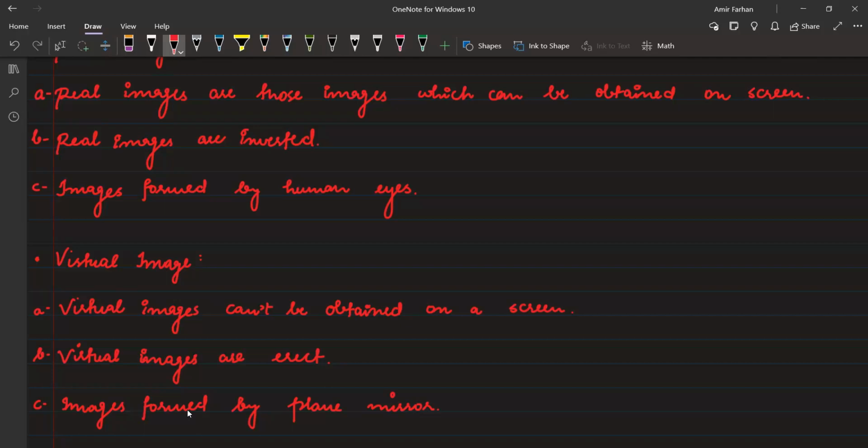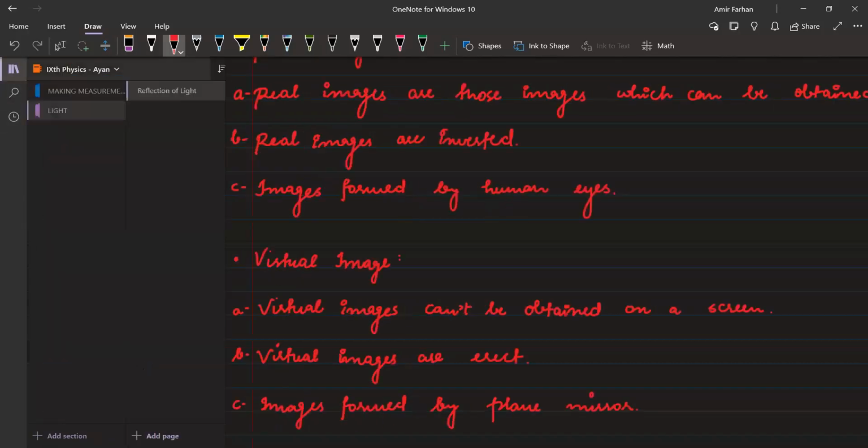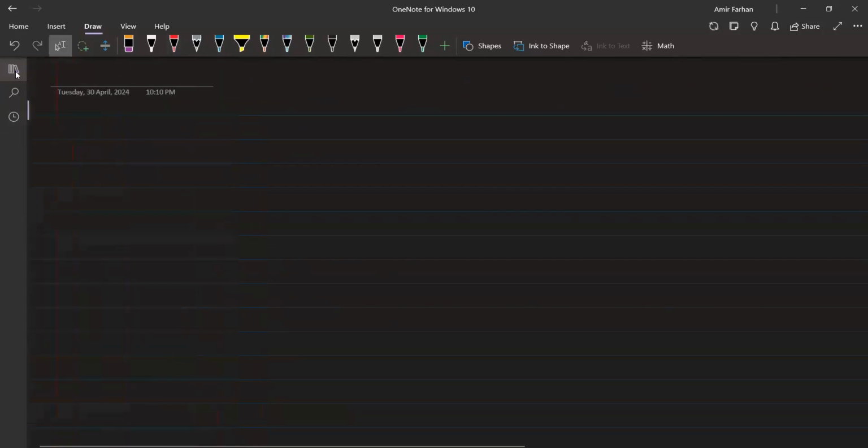Okay, so now let's understand the properties of a plane mirror. A plane mirror is a mirror that we use even in our daily home life, in our houses, for daily purposes like getting dressed. Many uses are possible for the plane mirror. Let's understand the plane mirror properties one by one.